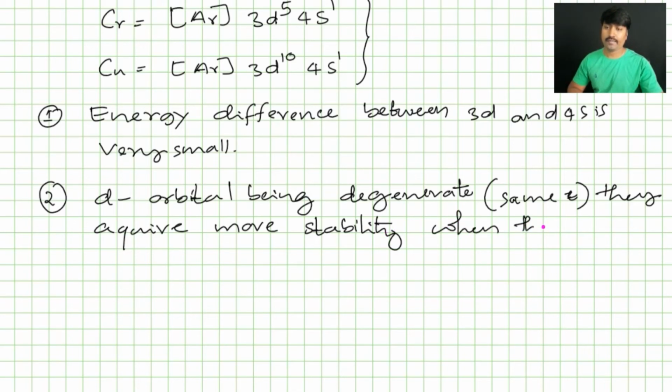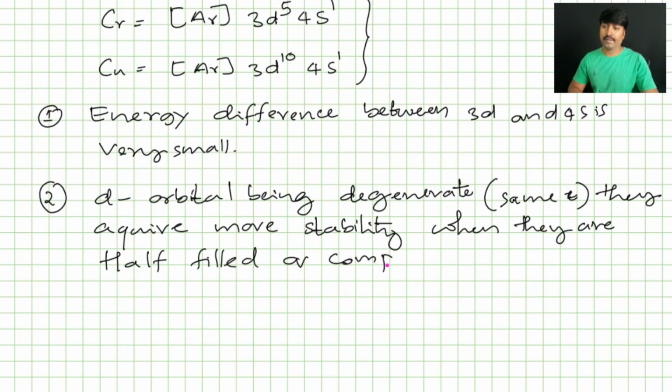Half filled, this is important, or completely filled. Okay, these are the two important things, students. One is d orbitals being degenerate. They are degenerate because all the dxy, dyz, dzx, dx square minus y square and dz square orbitals have the same energy. And they become more stable when they are half filled or completely filled.